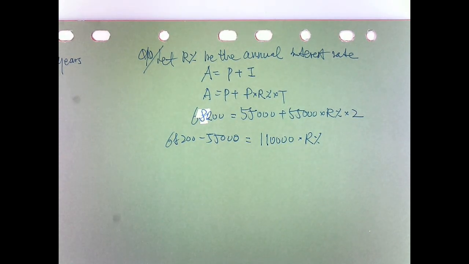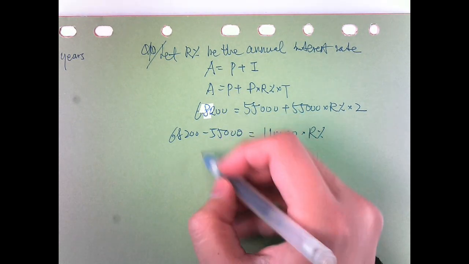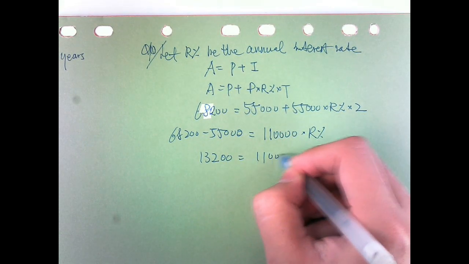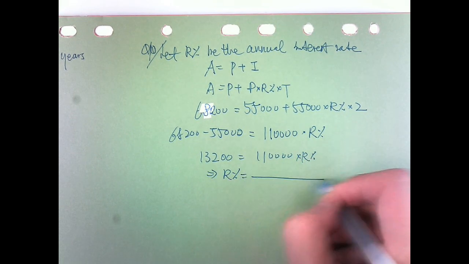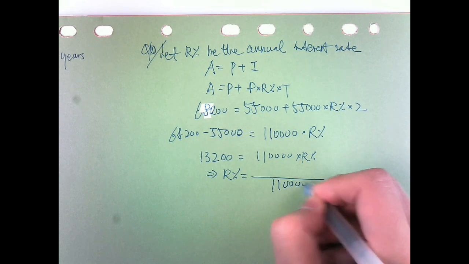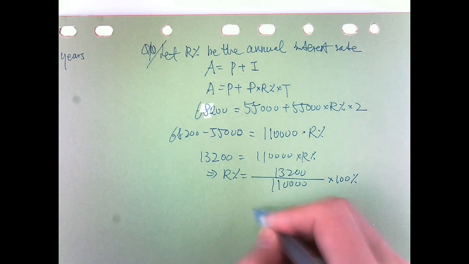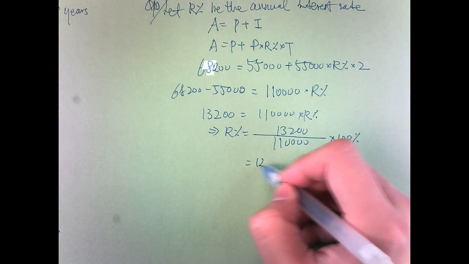Then you can save some steps. Next, calculate this. Go to your calculator. This will be 13,200. And then R% equal to this. Because this is percentage, you have to times 100%. It's okay? So this is 12%.